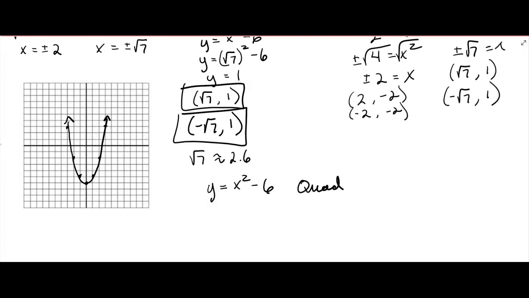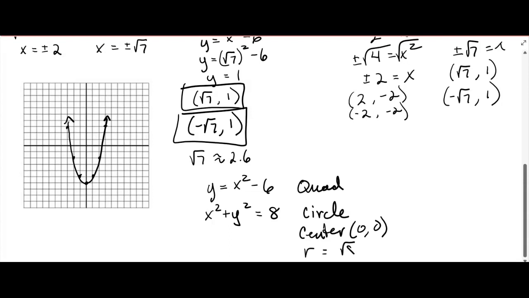Okay, the other equation was x squared plus y squared equals 8. Well, this is a circle. It's centered at the origin. And the radius is the square root of 8, which is about 2.8.